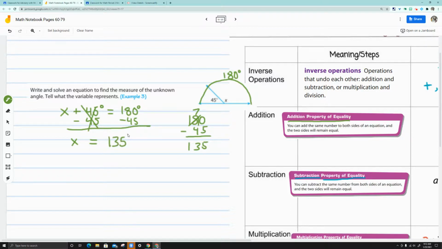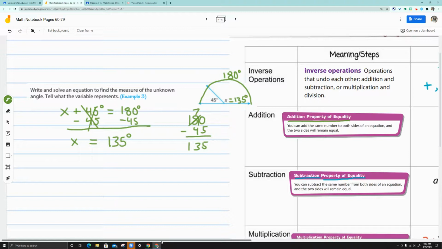So x is 135 degrees. That's the angle here. So tell what the variable represents. X equals 135 degrees. That's what the variable represents. The missing angle.